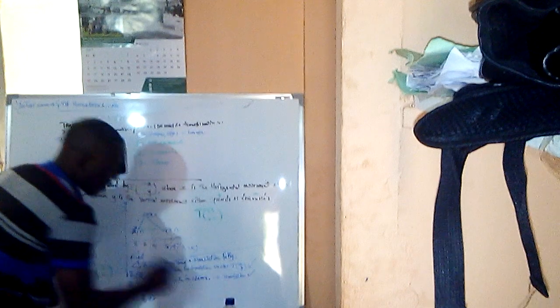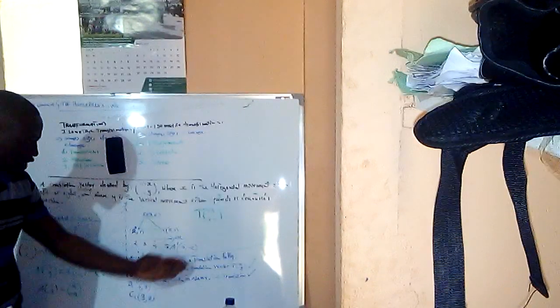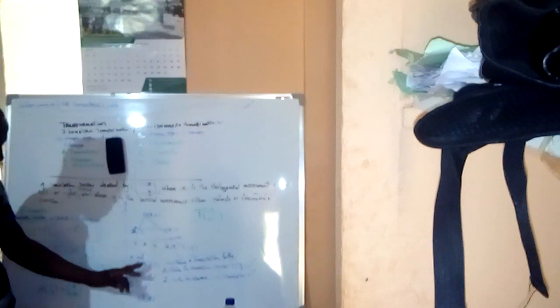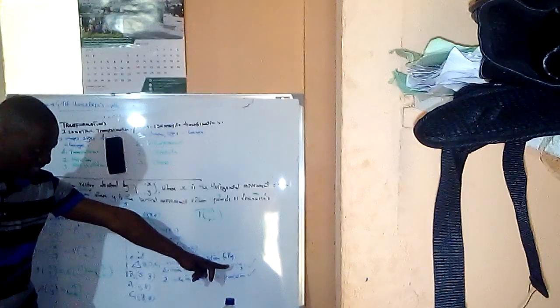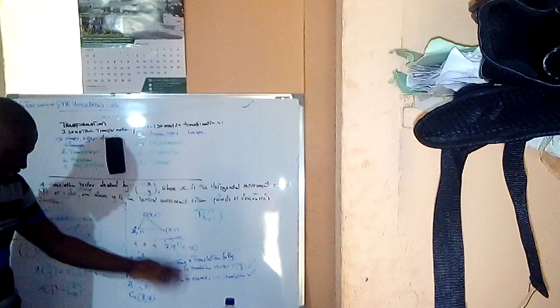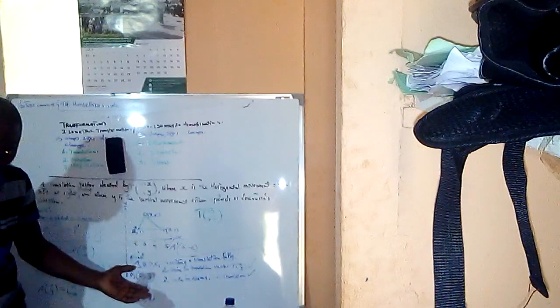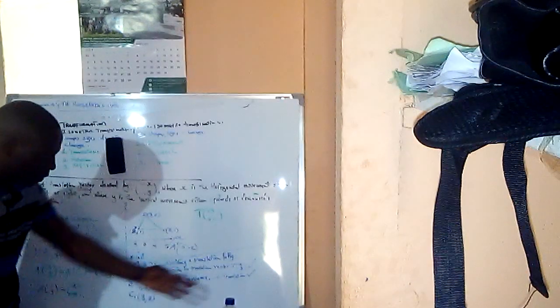You get that? So these are 2 things. A translation will be fully described if, number 1, you give its translation vector, which is always there, and number 2, you give its name. What type of transformation is it? It's a translation.